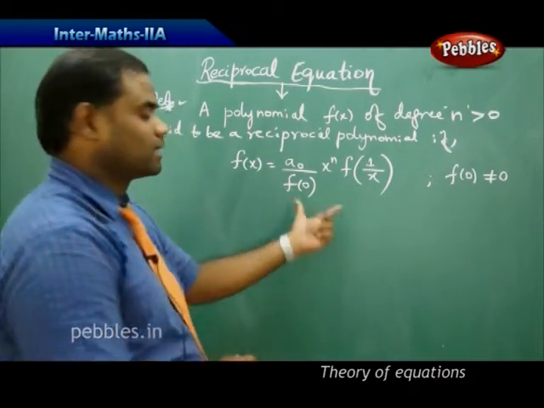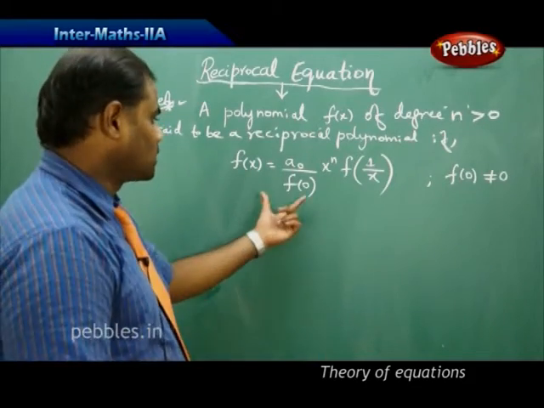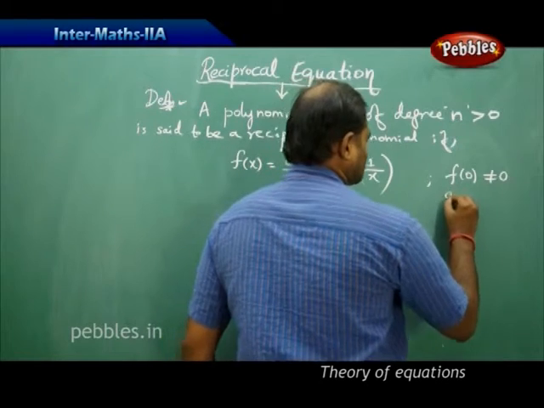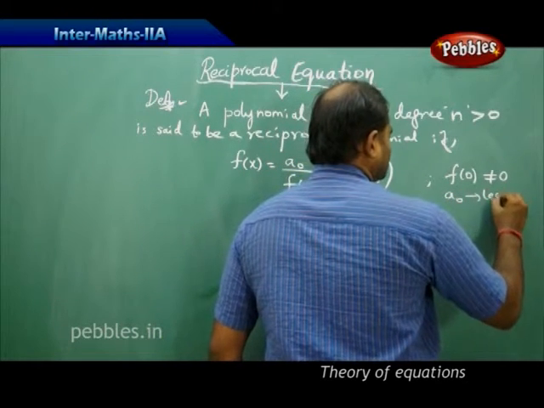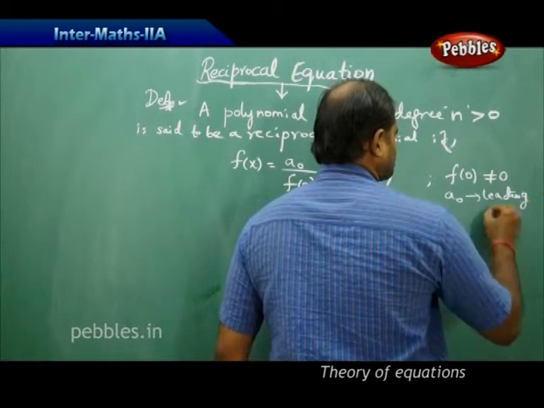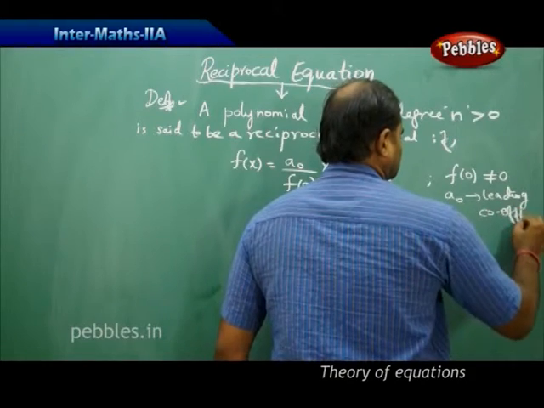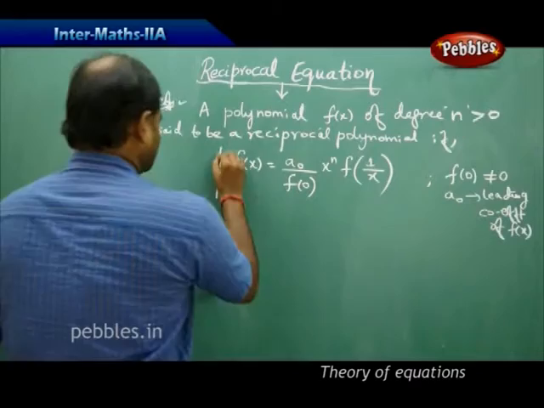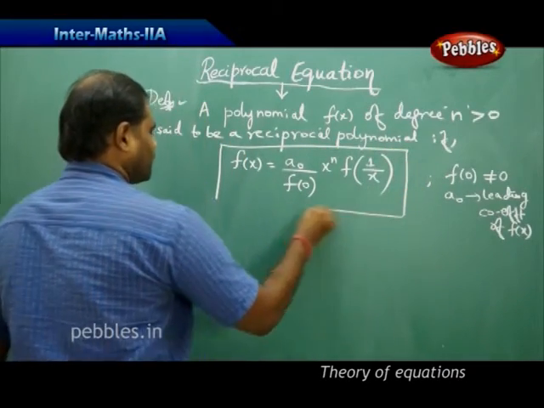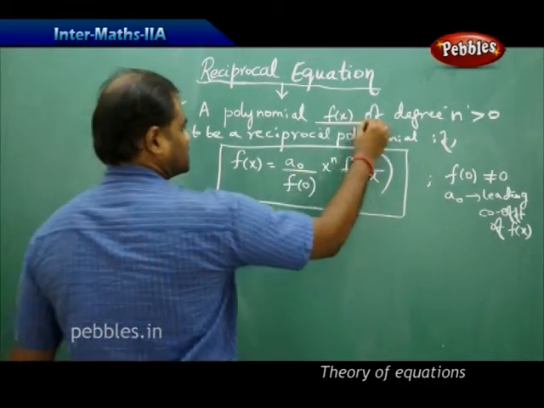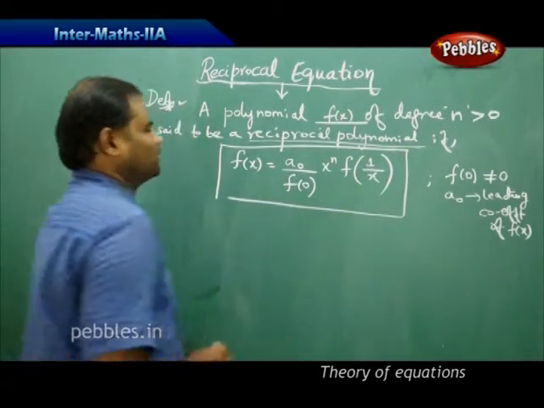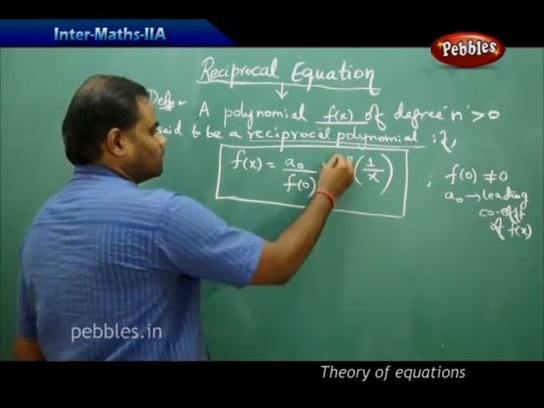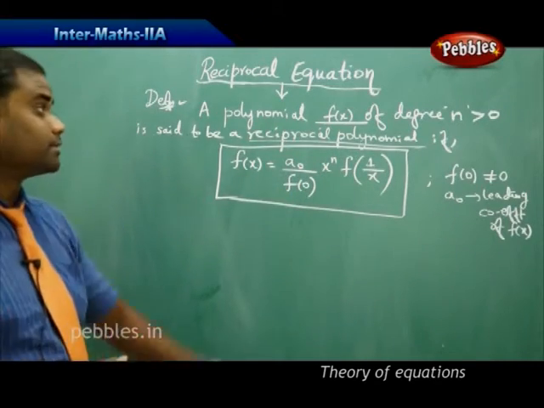The whole of f of x would become undefined. So the condition is f of 0 is not equal to 0, and a naught is the leading coefficient of f of x. Under this condition, I say f of x is a reciprocal polynomial. This is how I define the reciprocal polynomial of degree n greater than 0.